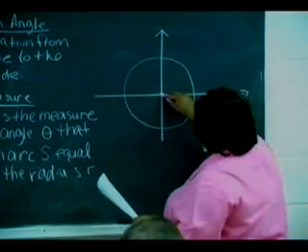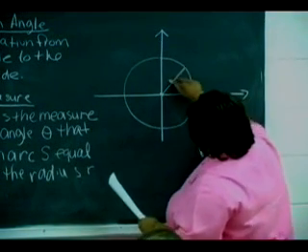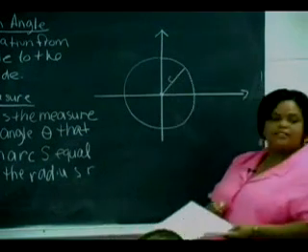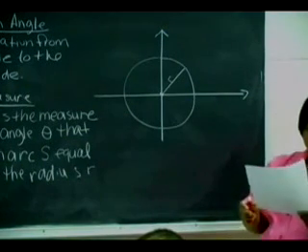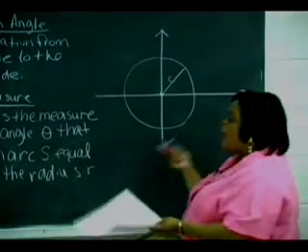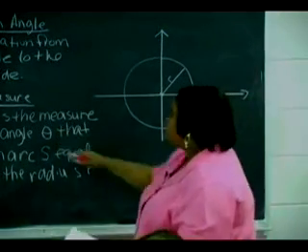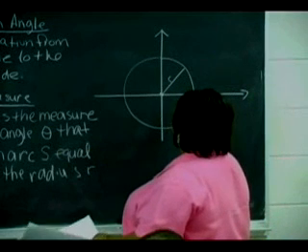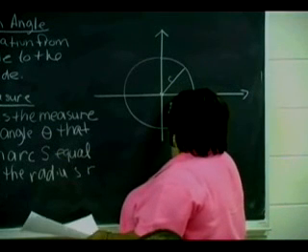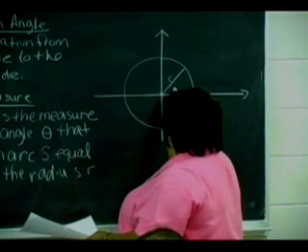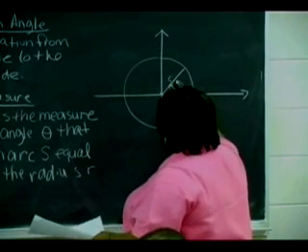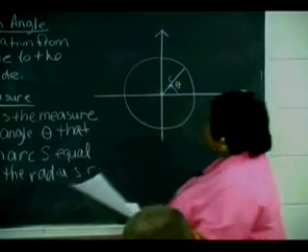So let's draw a line here. This represents the radius of that circle. Now, our central angle theta is formed by taking this initial side, the positive x-axis, to this line. This is our angle theta.